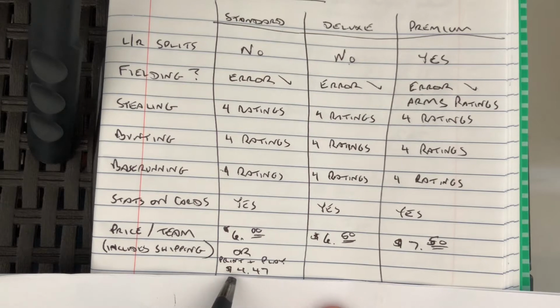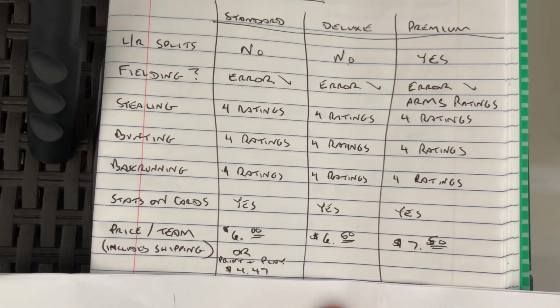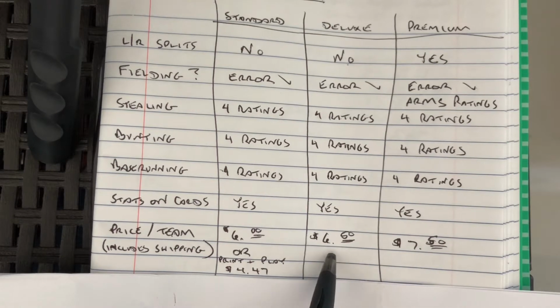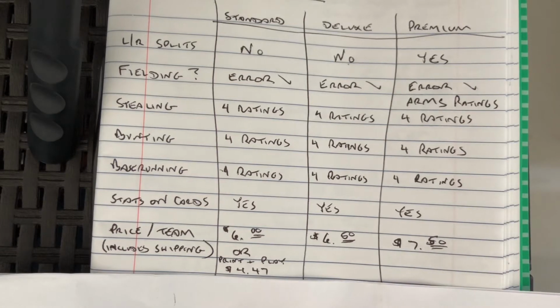So I'm assuming, I haven't ordered these yet, so I don't have first-hand experience on this, but my understanding would be from Print and Play that you're getting a PDF emailed to you, you print that baby out, and for $4.47 you've got your team. Print and Play at this point does not look like it's offered for either the deluxe or the premium versions of the game.